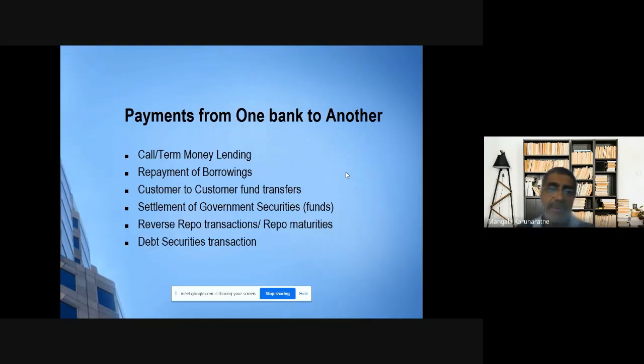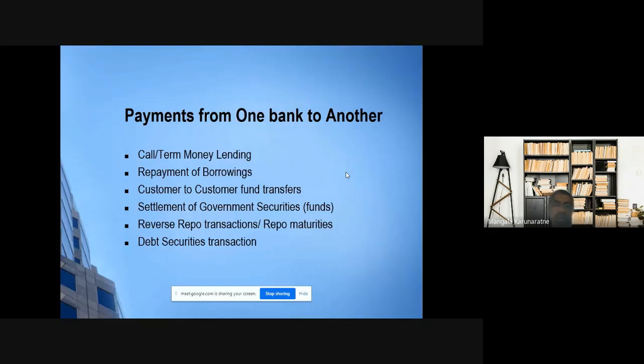And reverse repo transactions and repo maturities. Reverse repo transactions, you give money, and repo maturities also you have to give back money, right? This we discussed yesterday. And debt securities transactions. Debt securities are like trust receipts, commercial paper kind of instruments.